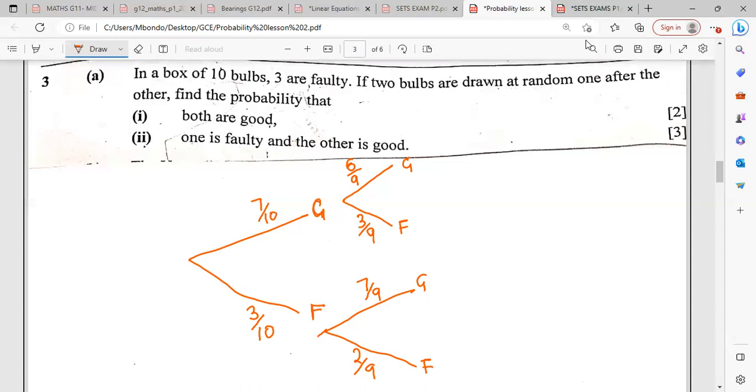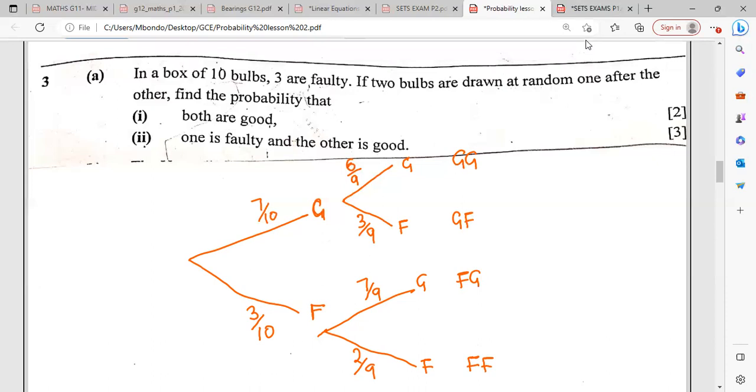So you have to understand that this is the probability of us having both good bulbs. The first one will be good and the second one 40. The first one will be 40 and the second one good. The first one will be 40 and the second one will also be 40. Now, the question: find the probability that both are good.